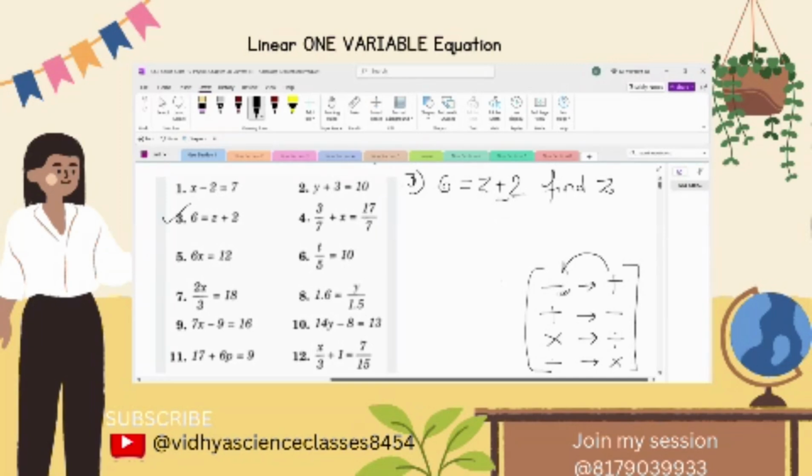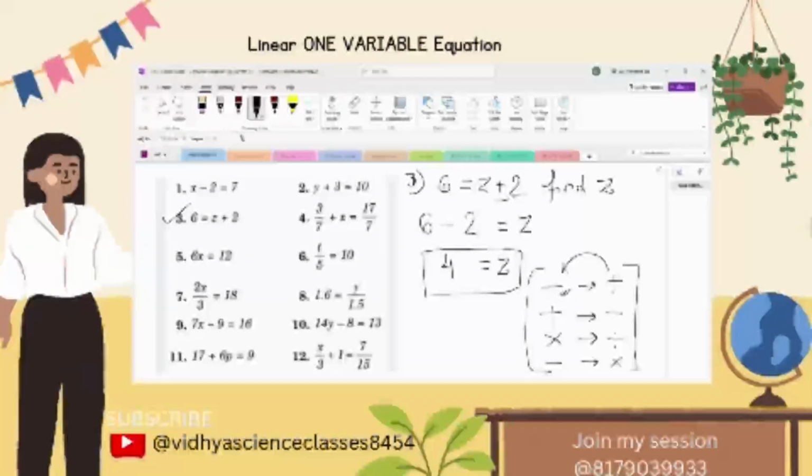So plus 2 will become minus 2 on the other side: 4 equals z. So the z value will be 4. Clear, bacha? Let me write that down. Now do question number 2. Wait, hold on.